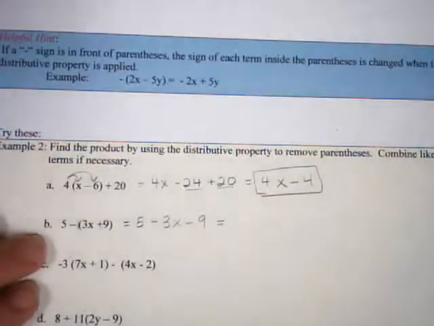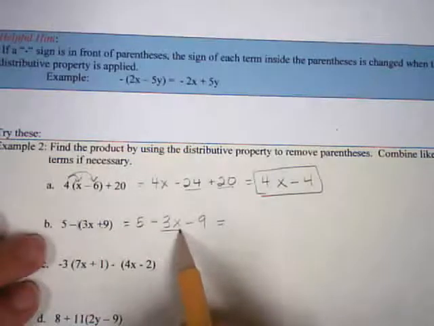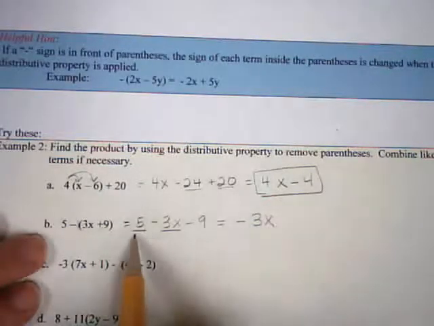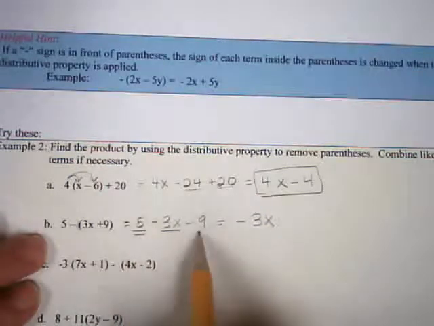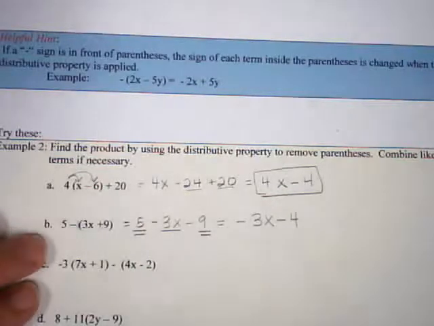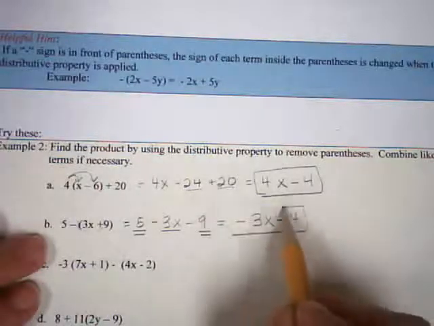What can I put together? We only have one variable term, the negative 3x, but I have two numbers, positive 5 and negative 9. Signs are different, subtract, take the sign of the higher number. So my answer would be negative 3x minus 4.